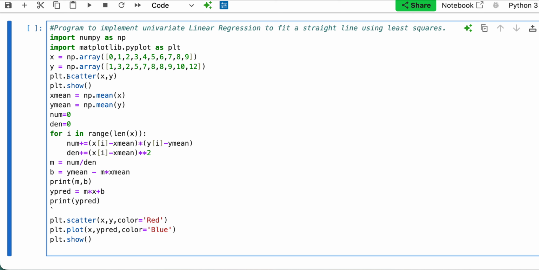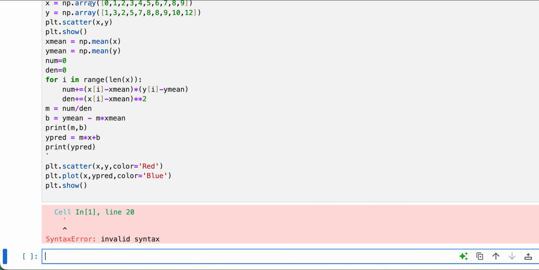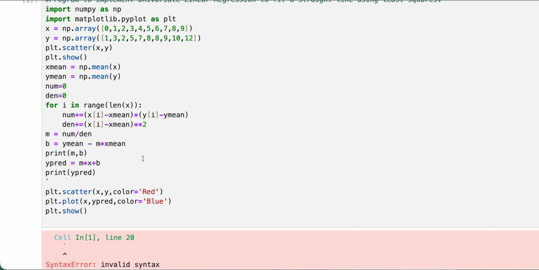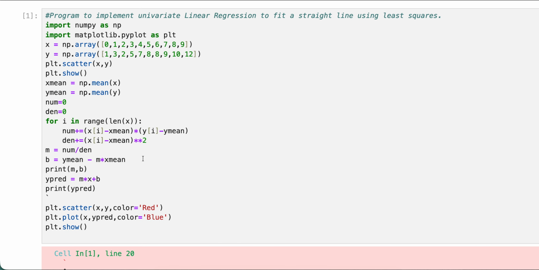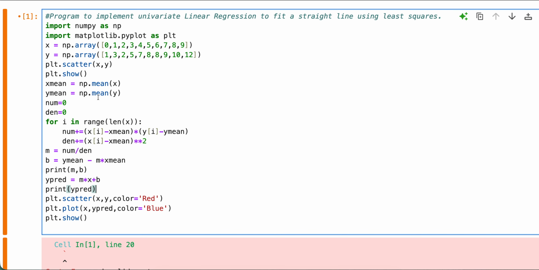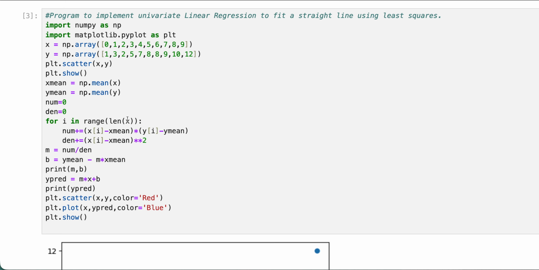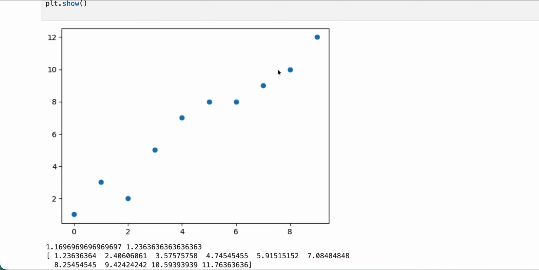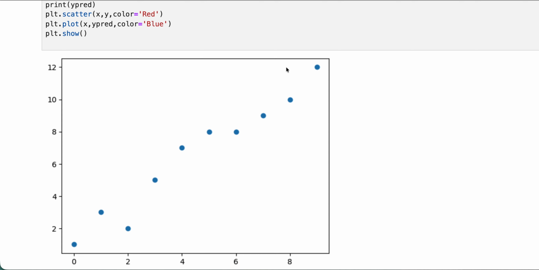In order to get the scatter plot, you are using this function from the matplotlib.pyplot library, doing the scatter plot x comma y. When you run this program, you'll be getting the plot like this. This will be the plot for the initial stage, that is for the x and y values.